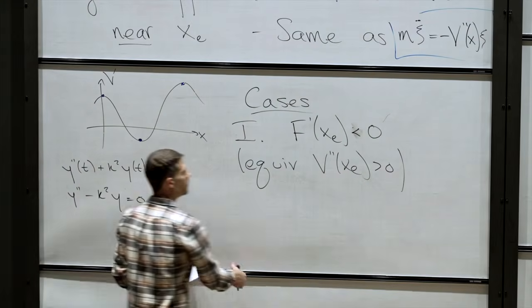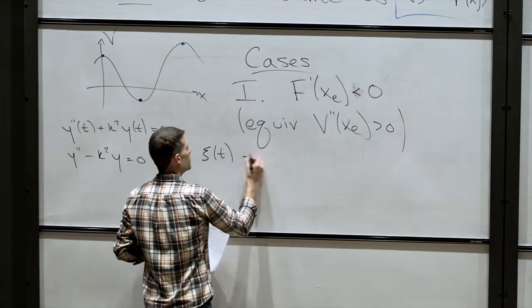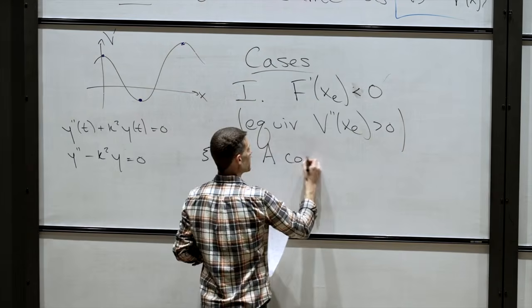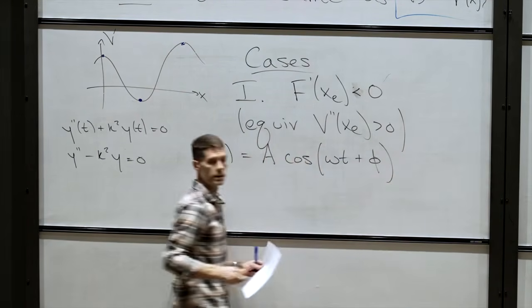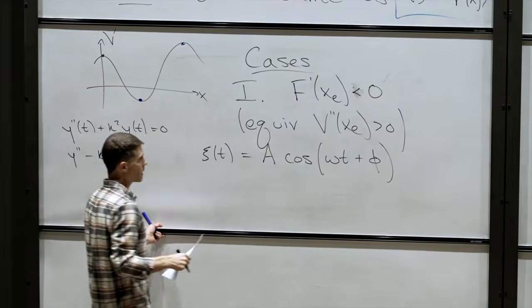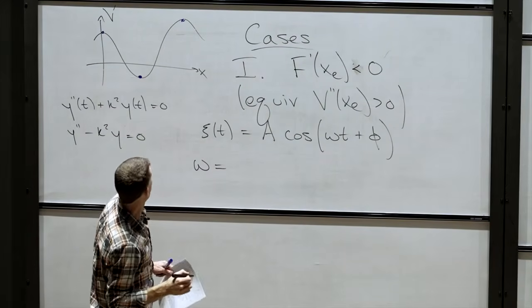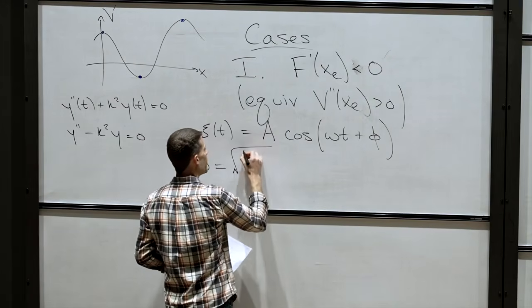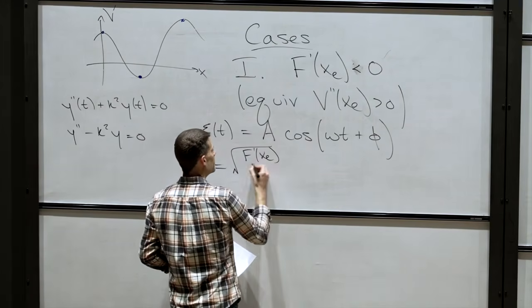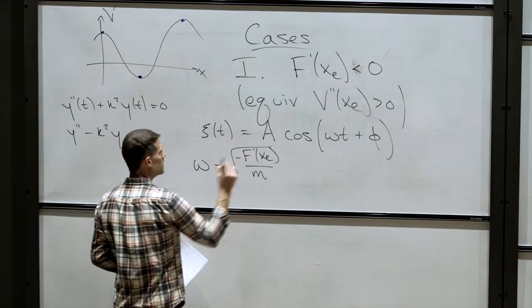So in particular, if f prime is negative, I can write psi of t as some constant times a cosine of omega t plus another constant. That's the trick we did the other day, where that omega is defined as the square root of minus f prime at xe over m, and I think I need a minus sign.